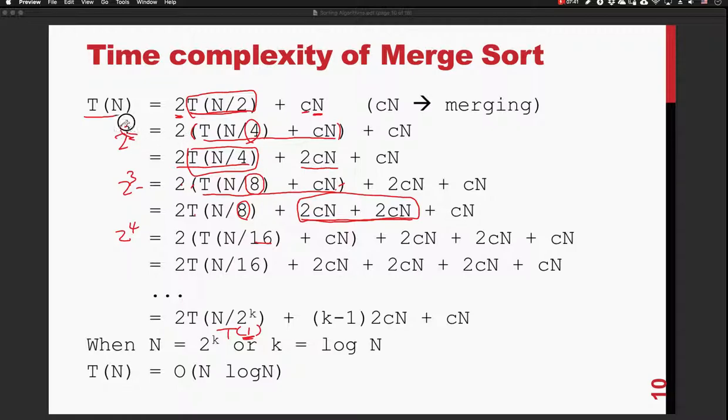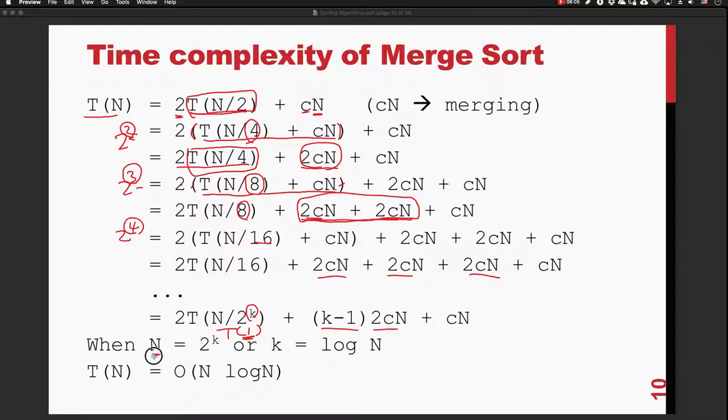For 2 to the 2, exponent 2, we have one 2cn. Exponent 3, we have two 2cn. Exponent 4, we have three 2cn and the like. So if we have exponent k, we will have k minus 1 2cn.